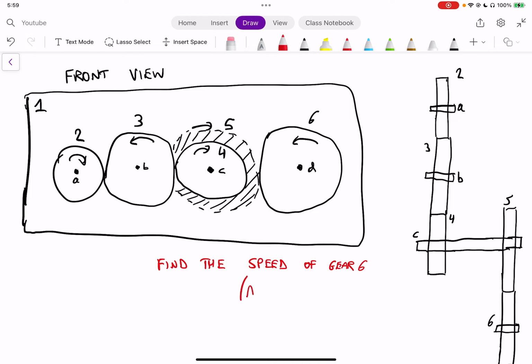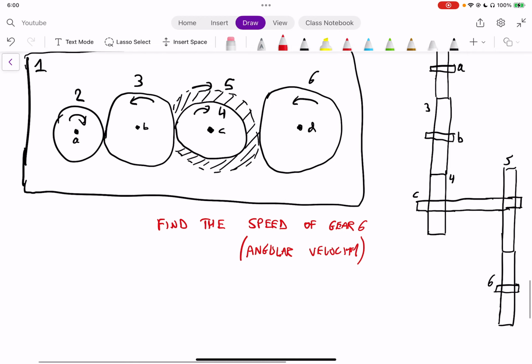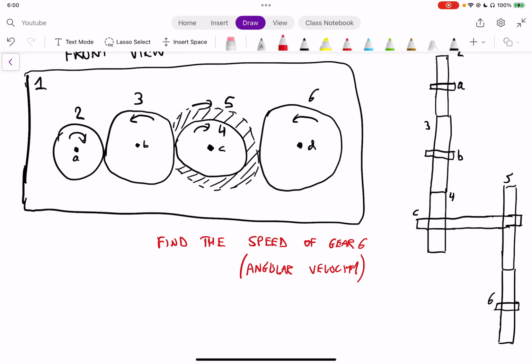In this case, it means angular velocity. So we've already figured out the direction of the speed. By analyzing the diagram, we were able to state that the direction of the speed is counterclockwise. Okay, so that's one thing first.